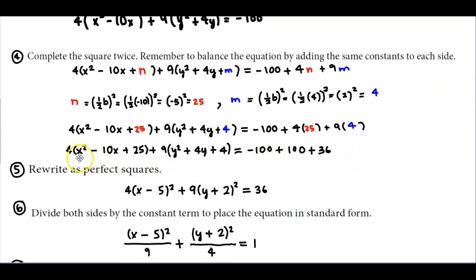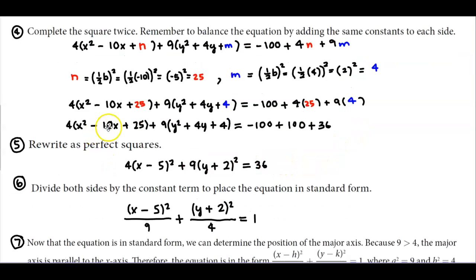So we end up getting negative 100 plus 100, which is 4 times 25, plus 36, which is 9 times 4. And now we're going to rewrite them as perfect squares. So we're going to have 4 times (x − 5)² plus 9 times (y + 2)², which is equal to 36 on the right side.